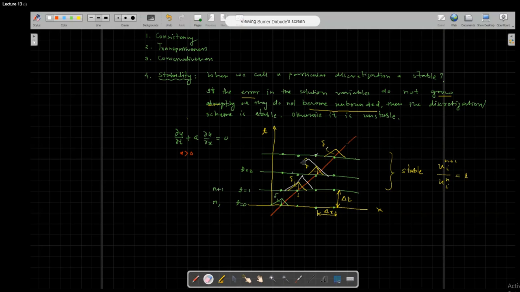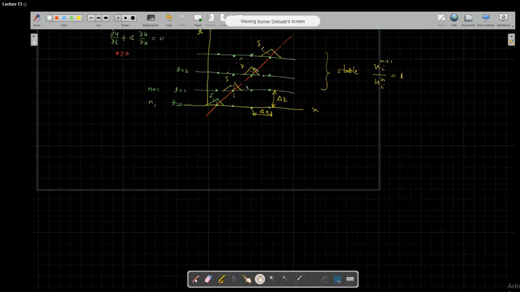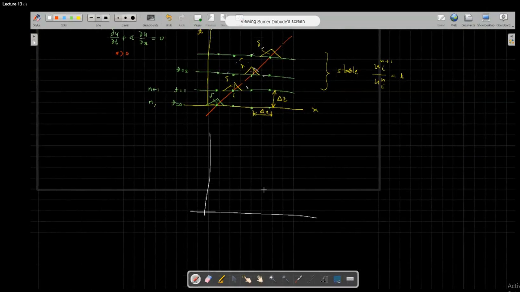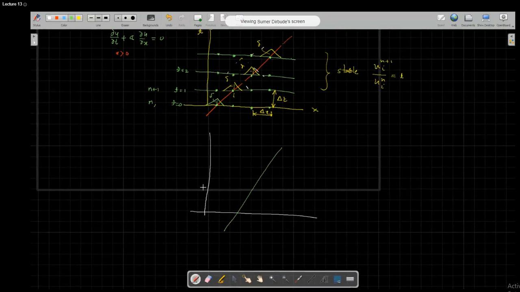Let me redraw somewhere else so that you do not get confused. Suppose the initial solution here is delta, then this may be twice delta, or this may grow abruptly. This is an unstable case.